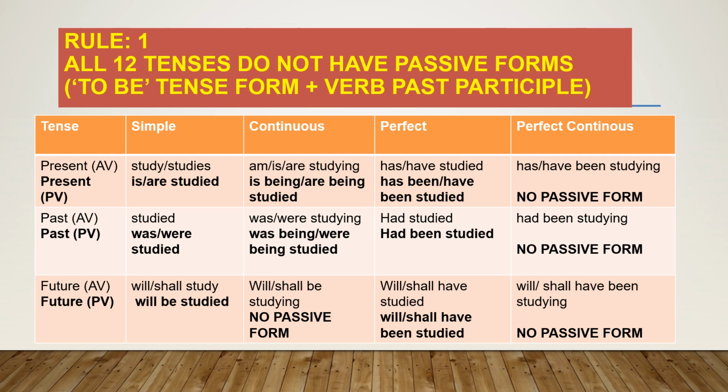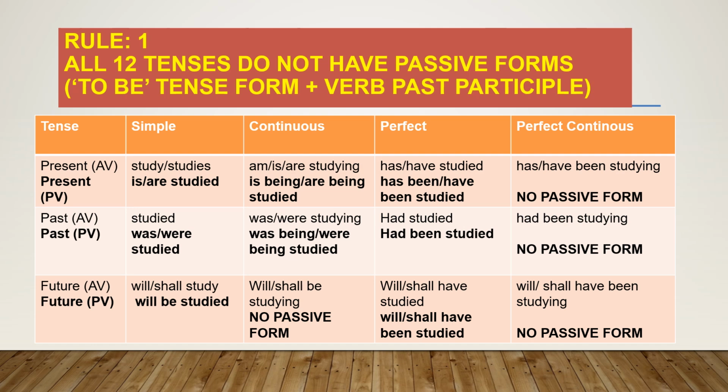Then you have past continuous, was or were studying, becomes was being studied and were being studied. Future continuous, will or shall be studying, as I told you, doesn't have any passive form, so it just doesn't change. It remains only in the active form.